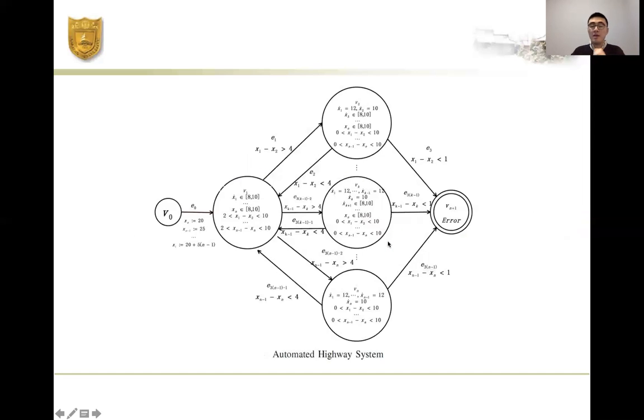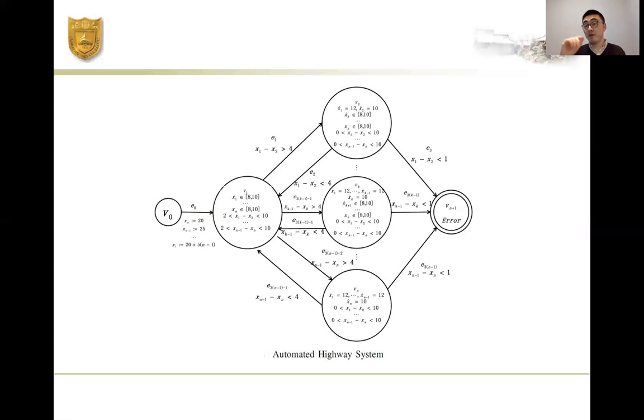The thing we really want to talk about is the highway system. This system is a very interesting one. Why? Because it's a scalable system. It has a location here called V1. It just models a sequence of cars on a highway. Each car should keep the distance between the previous one and the following one.